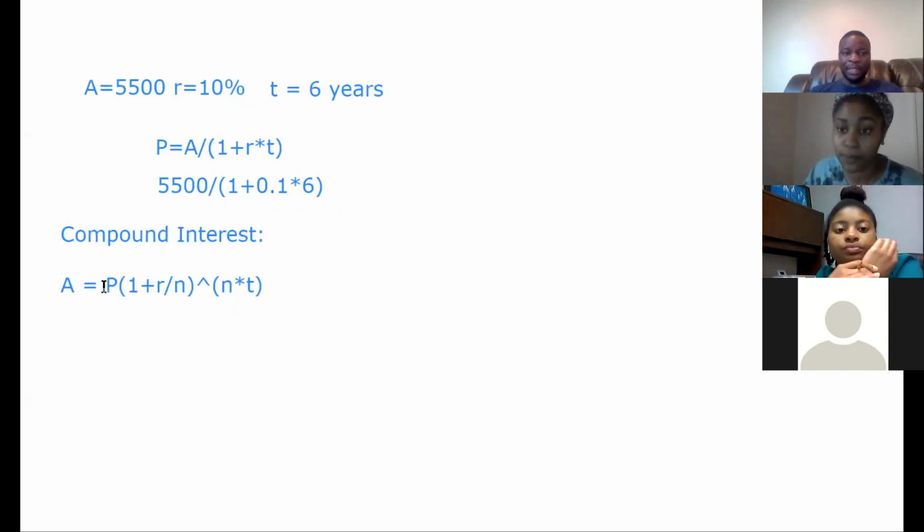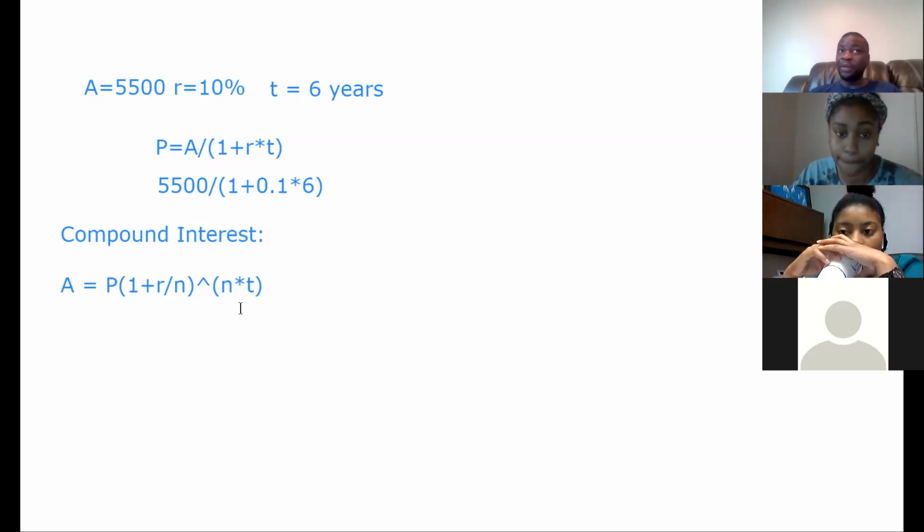Now, P is the principal, R is the interest rate, N is called the compounding period. It represents how many times you compound your money per year. It's going to be given in the problem, though it may not directly tell you this is the number of times per year your money is being compounded.